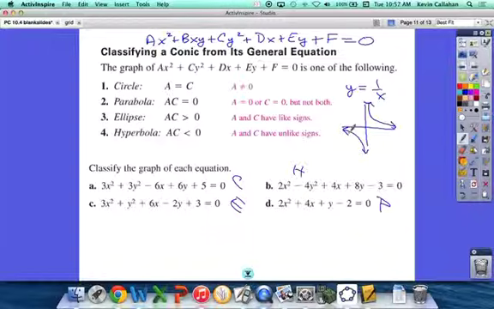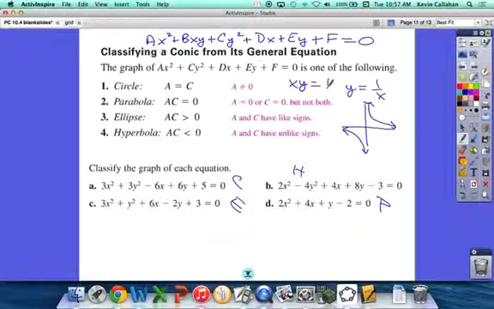And what would happen if I multiplied both sides times x? There's my xy term. That's why it's a hyperbola that's tilted. In fact, it doesn't have an x squared or a y squared term. They're both 0, but it's got the xy. That's what makes it a hyperbola.